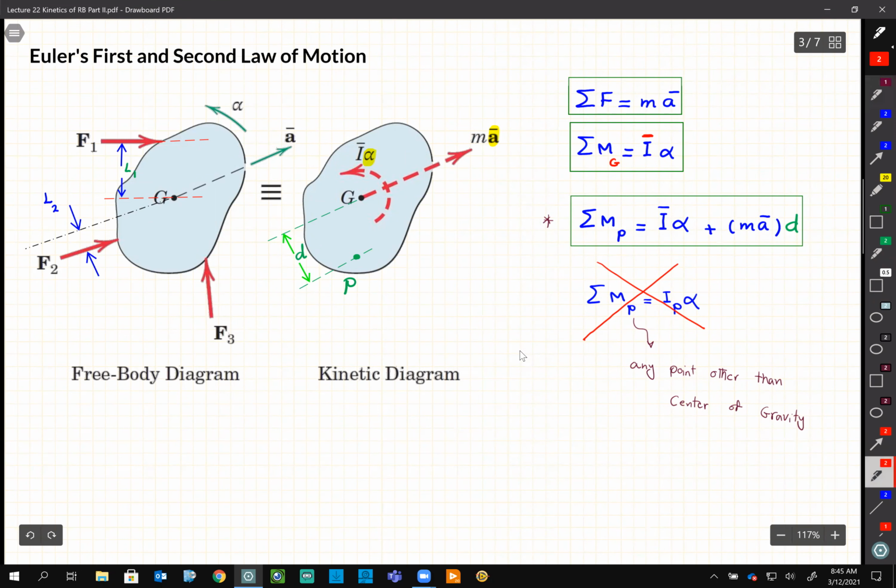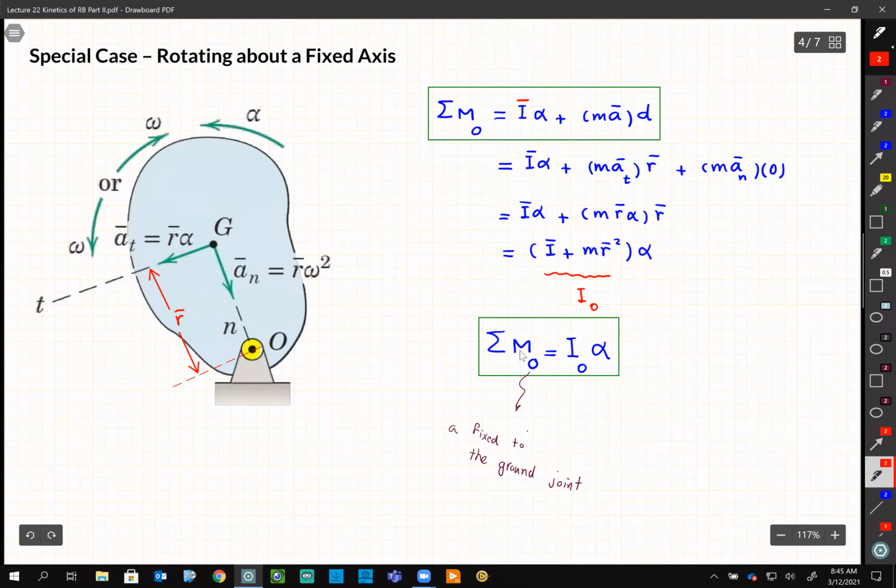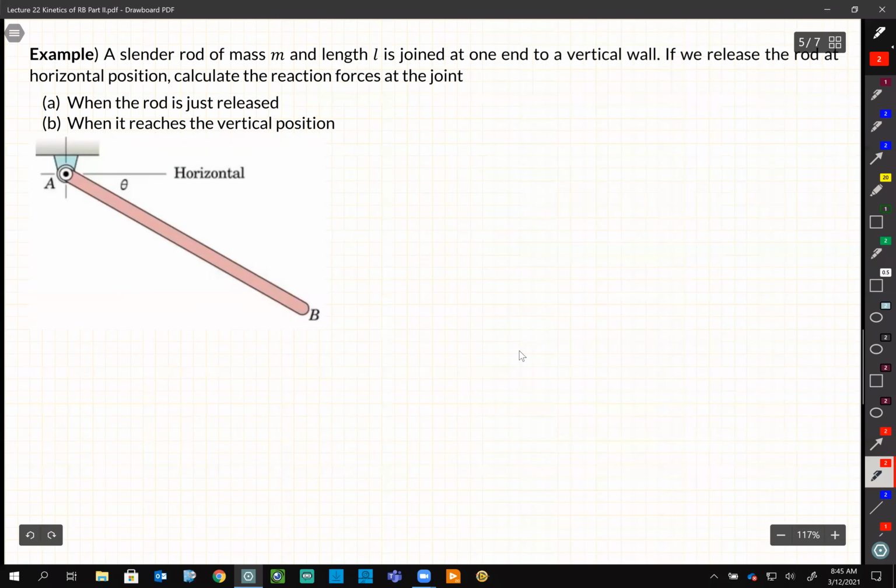And now we want to solve an example using these 4 equations, 1, 2, 3, and 4, where 4 is for a special case. Here is an example which we want to solve together, at least the first part, and then you guys can continue the rest.